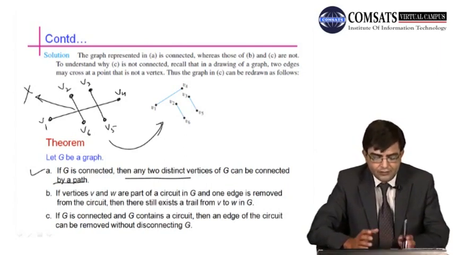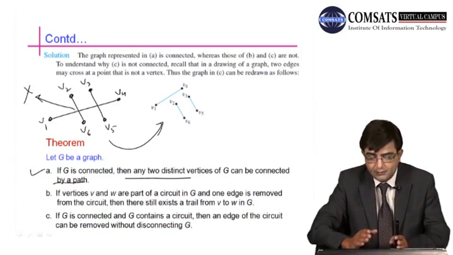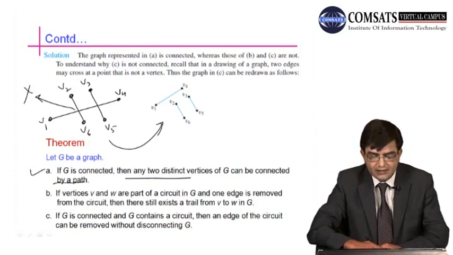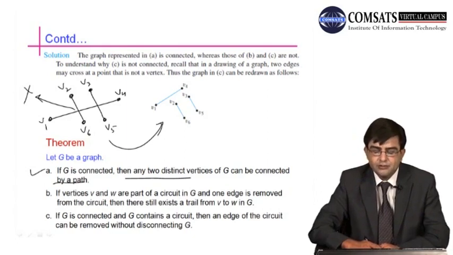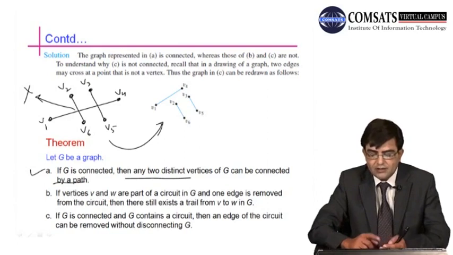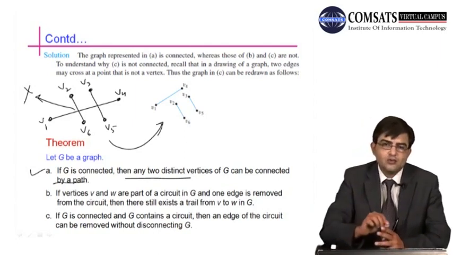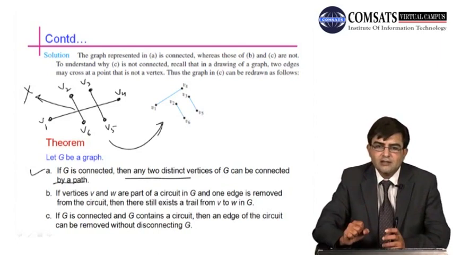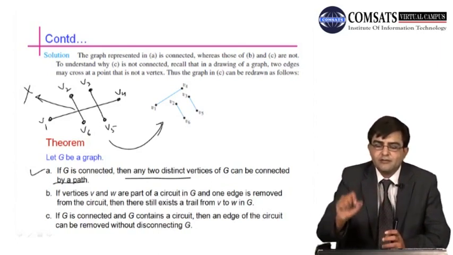So if you have two vertices V and W that are part of a circuit in G, and one edge is removed from the circuit, then there still exists a trail from V to W in G. What is a trail? A trail is basically a walk in which edges are not repeated. A circuit is basically a closed walk. If you remove one edge, there is still a trail from V to W.